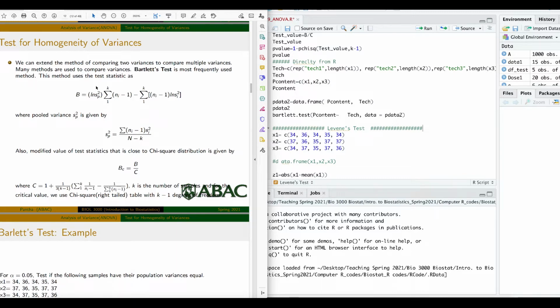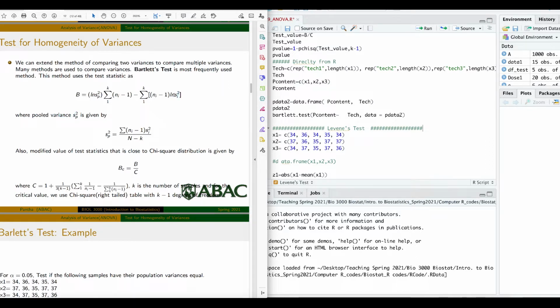Okay, so this method uses the test statistic B equals (sum of (n_i minus 1)) times ln of the pooled variance, which we denote by S_p squared, minus the summation of (n_i minus 1) times ln S_i squared. The sum of (n_i minus 1) is the same as the total number of data points in all groups minus the number of groups. Here S_i squared is the group sample variance.